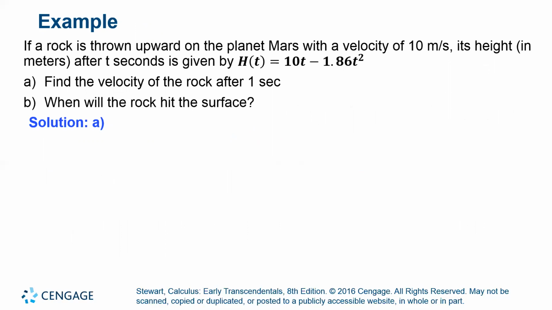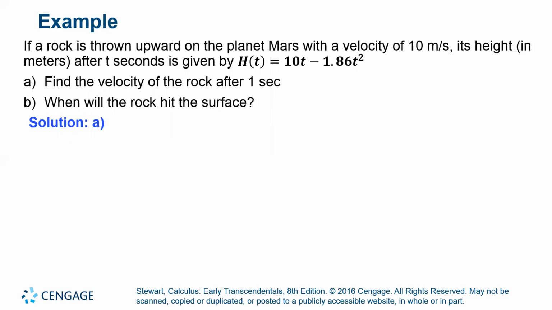It says that if a rock is thrown upward on the planet Mars with a velocity of 10 meters per second, its height in meters after t seconds is given by the formula we have here.